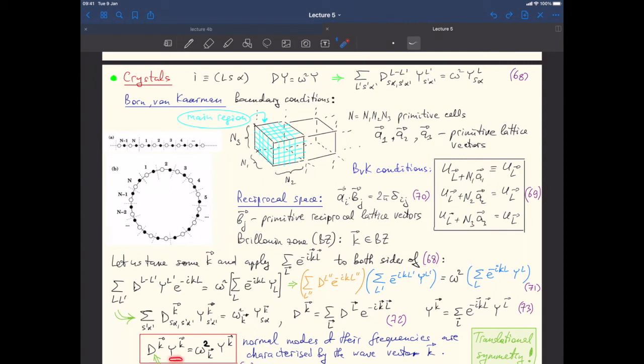Once we know these eigenvectors, we can actually calculate the actual displacements by converting this expression. And the matrix D of k for each vector k is obtained as this lattice sum. And because the dynamical matrix decays with L, so remember the dynamical matrix corresponds to the second derivative of the total energy with respect to atomic positions.